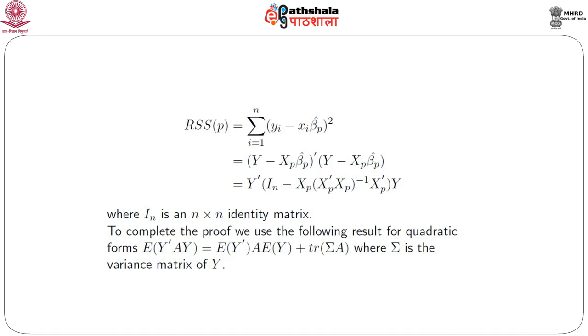Now, to complete this proof, we use the following result from quadratic forms. We know that expectation of y prime A y equals expectation y prime times A times expectation y plus trace of sigma A, where sigma is the variance matrix of y.